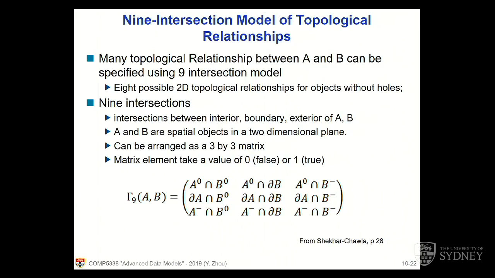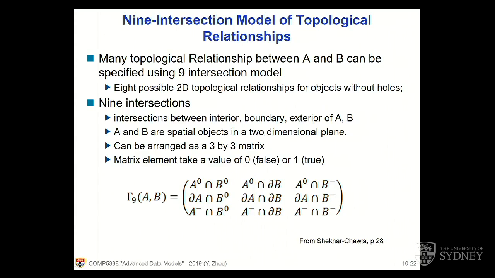So the 9 intersection model is a relationship between a pair of objects, and each object has three features: interior, exterior, and boundary. So in total, there are 9 pairs of intersections, between the interiors, boundaries, and exteriors of A and B. This is what we call the 9 intersection model.